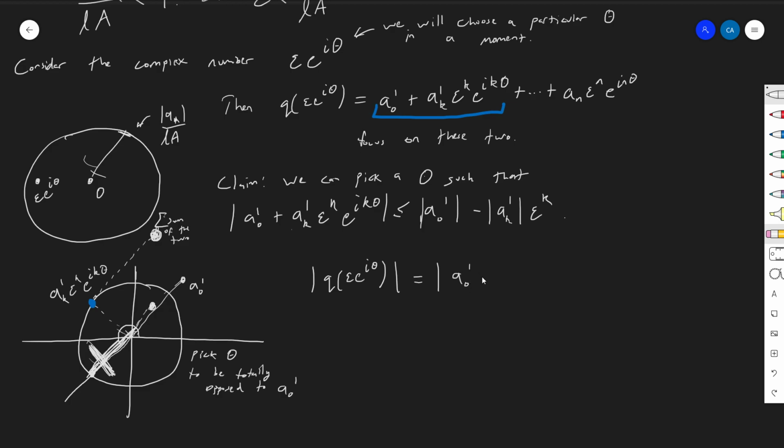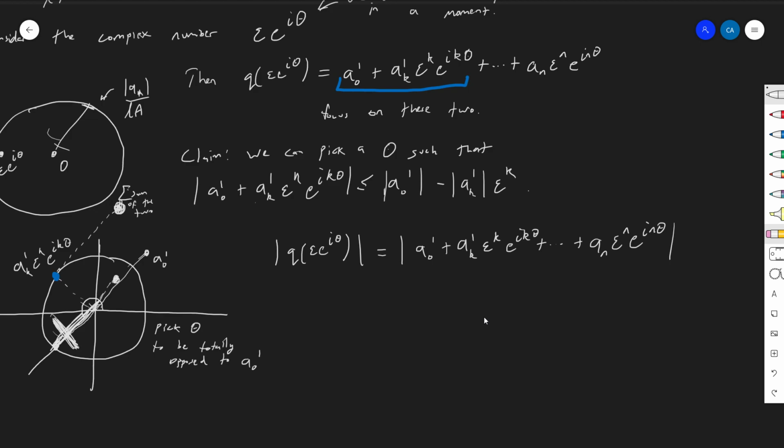A 0 prime plus a sub k prime epsilon to the k e to the I k theta plus dot dot dot plus a sub n epsilon to the n e to the I n theta, bar. I know I have this up here, I'm just writing it down here.